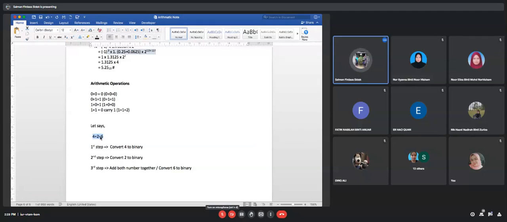So your task is to convert both of the operands, and then do the calculation to get the answer. So this one is correct: add both numbers together. Don't convert 6 to binary just like that. If you answer like this for the third step, it means that you know nothing about the operations. Do you get that?